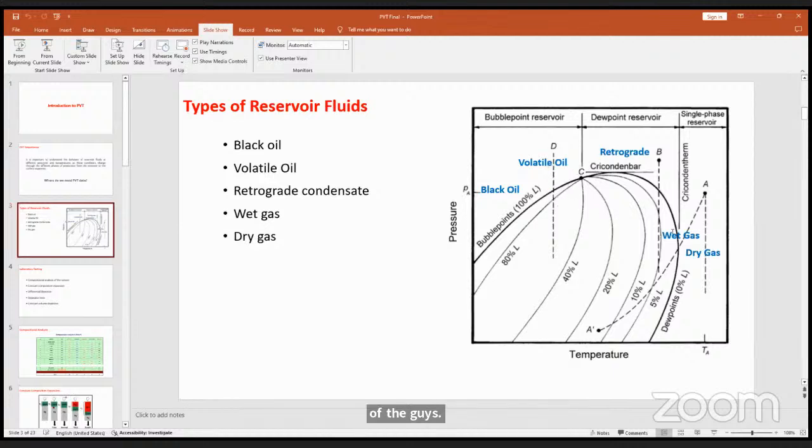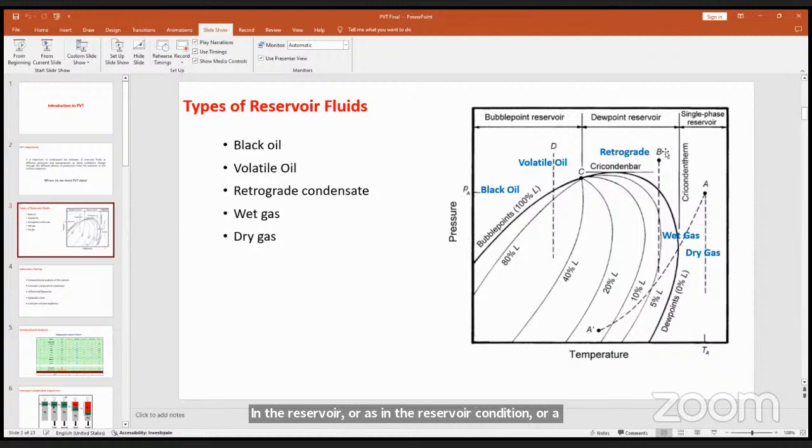For the gas reservoirs, we have three classes. Dry gas, which is by definition gas that doesn't have condensate in the reservoir condition or at surface condition.